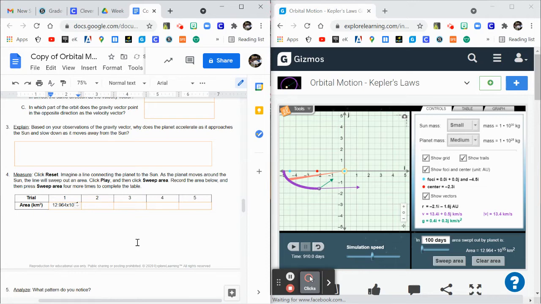There you go. And I was able to do the superscript by doing control period. Okay. So let's see. Let's click on play. Let's do that sweep area right there.